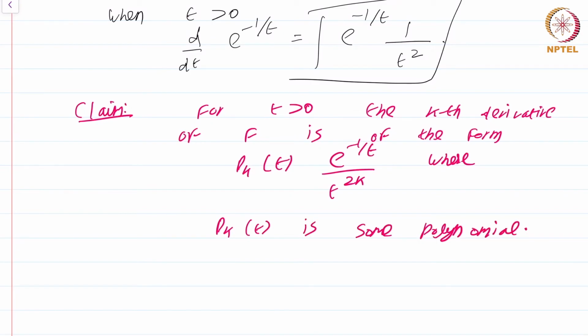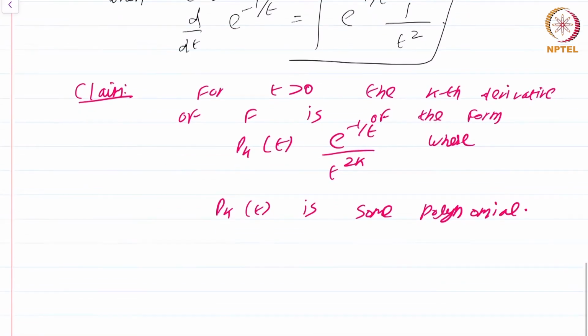We have already dealt with the base case. That's what d by dt of e power minus 1 by t equal to e power minus 1 by t into 1 by t squared is essentially saying. What I am saying now is that this is true for all derivatives.